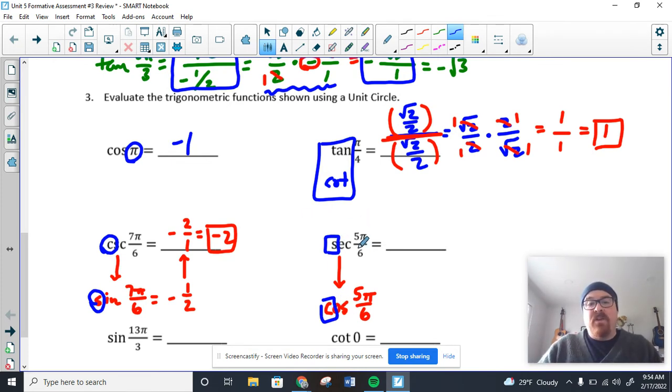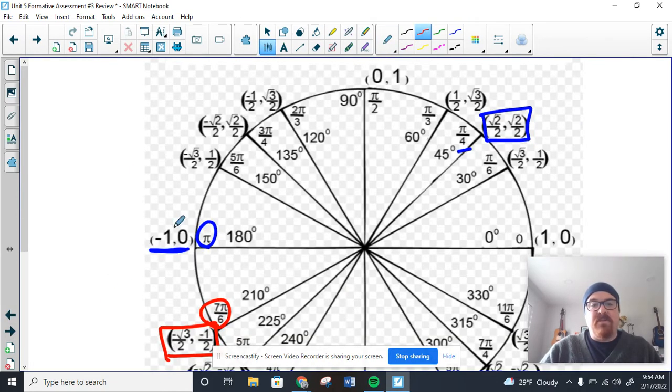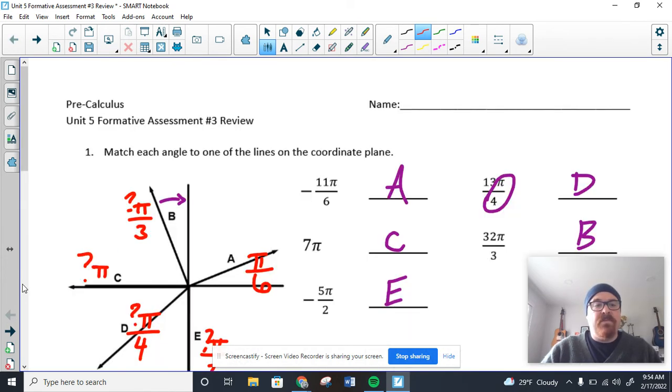So when we're evaluating secant, we do cosine. Find the angle. The angle is 5 pi over 6, which means we're using these coordinates. The cosine of 5 pi over 6 is the x coordinate.